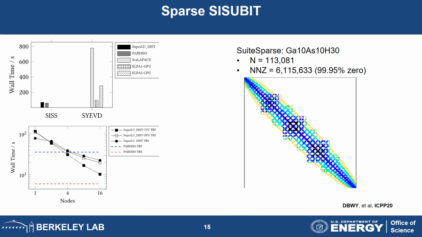Overall, the sparse implementation of the GPU Shift-Invert SISUBIT iteration using SuperLU_DIST was able to outperform the fastest CPU dense eigensolver by about a factor of 4.1 and the fastest GPU eigensolver by about a factor of 1.4.